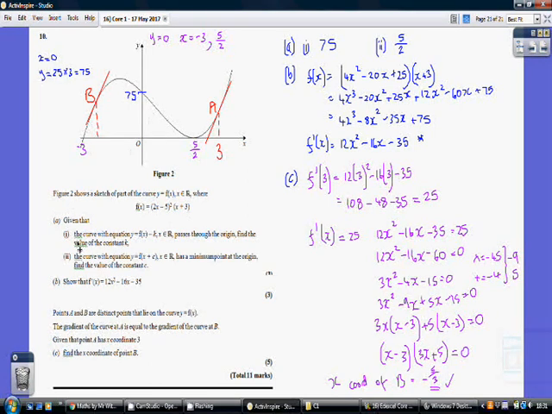So we've got the curve with equation f of x minus k passing through the origin, find the value of constant k. So the graph has been shifted down such that this point here is now here. So how far down has the graph been shifted? What value must k be? The graph has been shifted down 75. So 75.